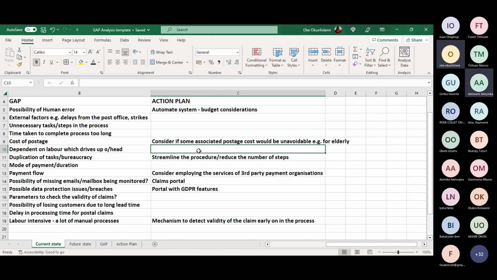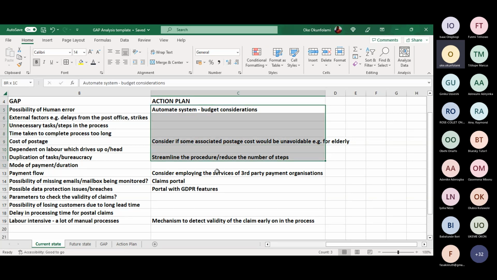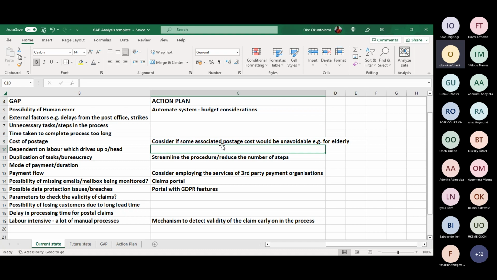So what you've said now, right? You see how we have this as an action plan. So we're talking about postage costs, and we are coming up with different solutions. As these action plans are here, they are not standalone solutions, if you get what I mean. Some of them we form like epics, that we will not have to break down.